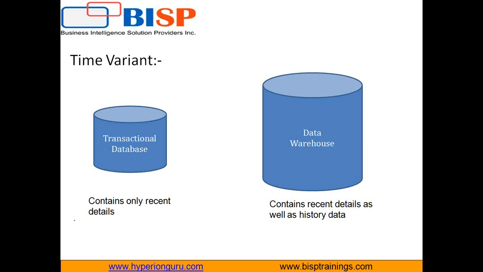Okay, thank you. So in a transactional database, suppose you are running a shop, then the products sold on a particular day, you have that information in a transactional database.